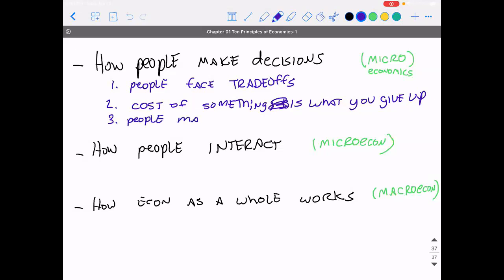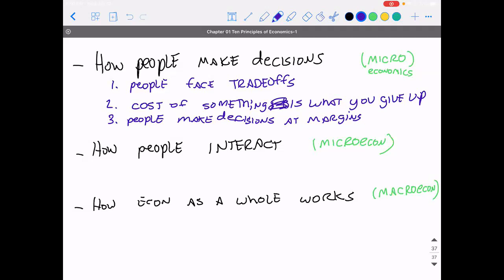Three, that people make decisions at the margin. And we're going to see that what that means is that people think about what they're going to do only in terms of the next thing. So the marginal benefit would be the benefit to doing something one more time.